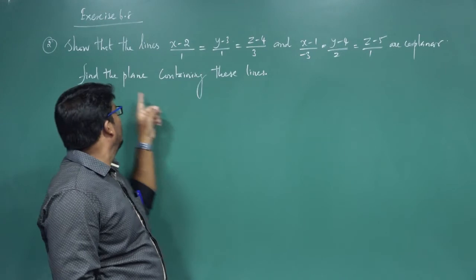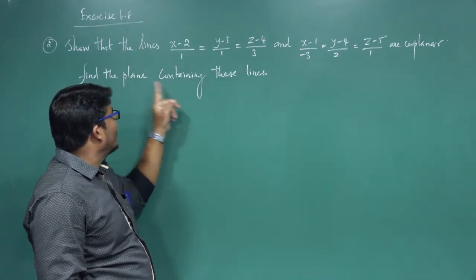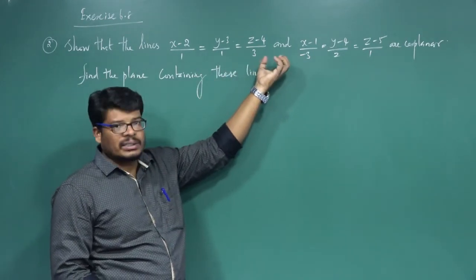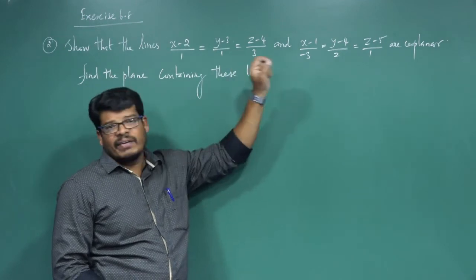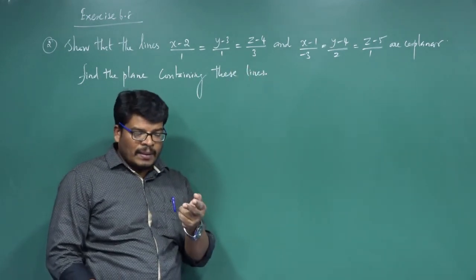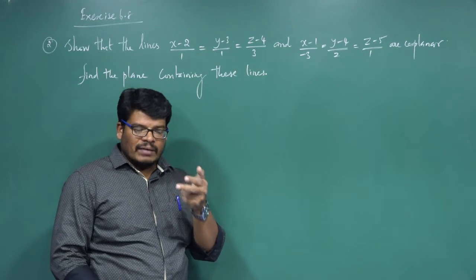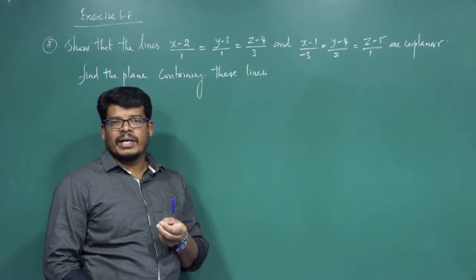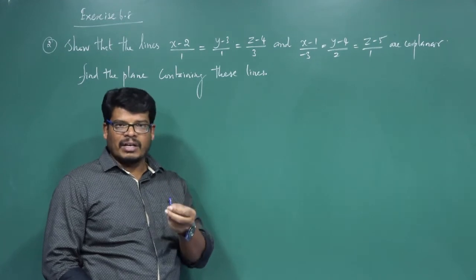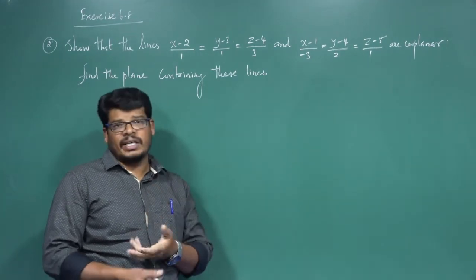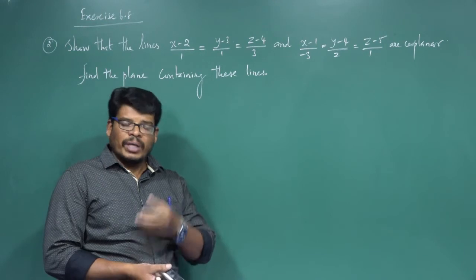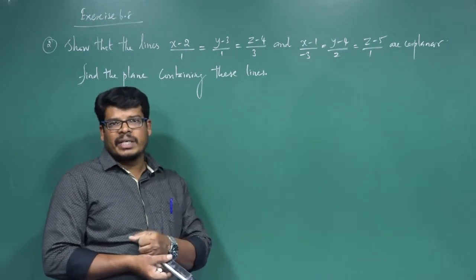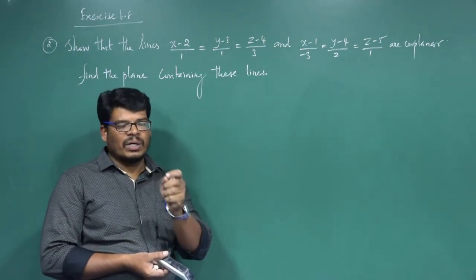Next, find the equation of the plane containing these lines. Given two lines, find the equation of the plane. You already know the formula: the equation of the plane can be in parametric form, non-parametric form or Cartesian equation, any one. Take the Cartesian form and any one of the points x1, y1, z1.